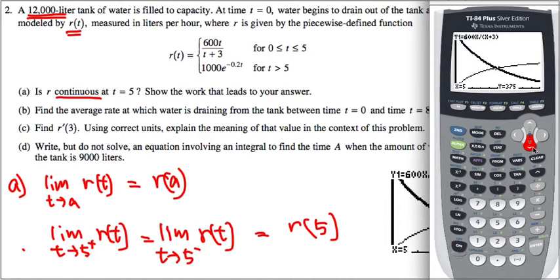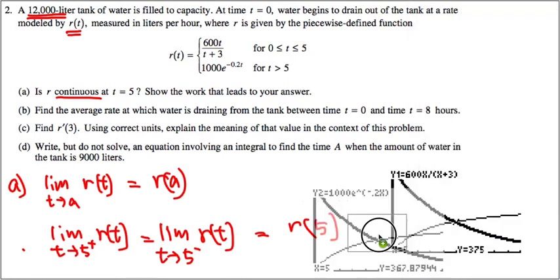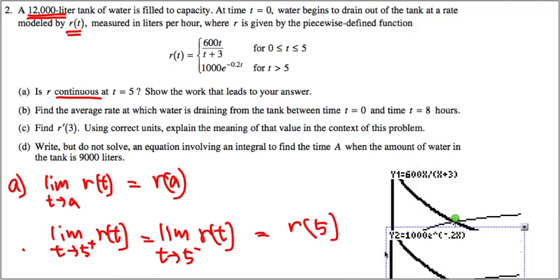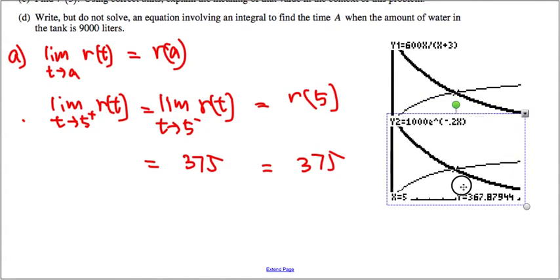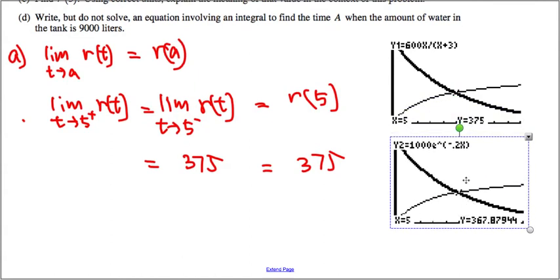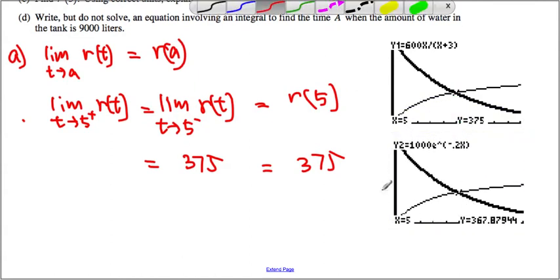Now, for the second expression, we end up getting something quite interesting. We end up getting this value, 367.89.